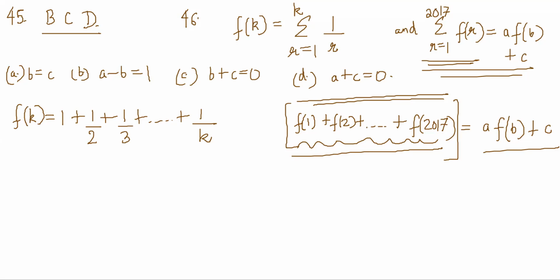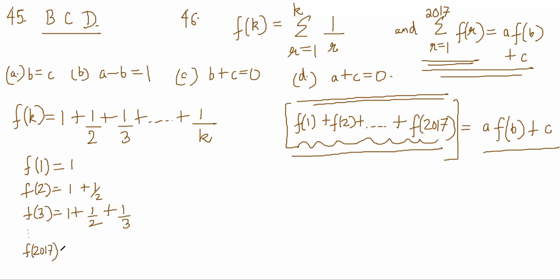Wait, let's see how to do it. f(1) is 1, no? f(2) is 1 plus half. f(3) is 1 plus half plus 1 by 3, and so on. f(2017) is 1 plus half plus 1 by 3 plus so on plus 1 by 2017, right?